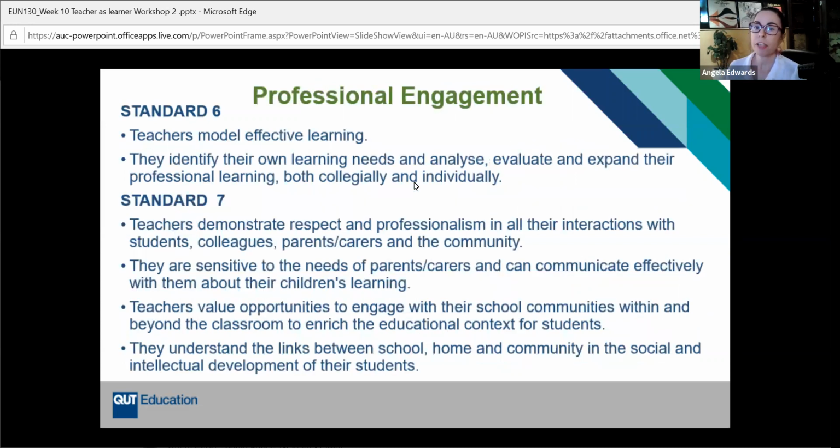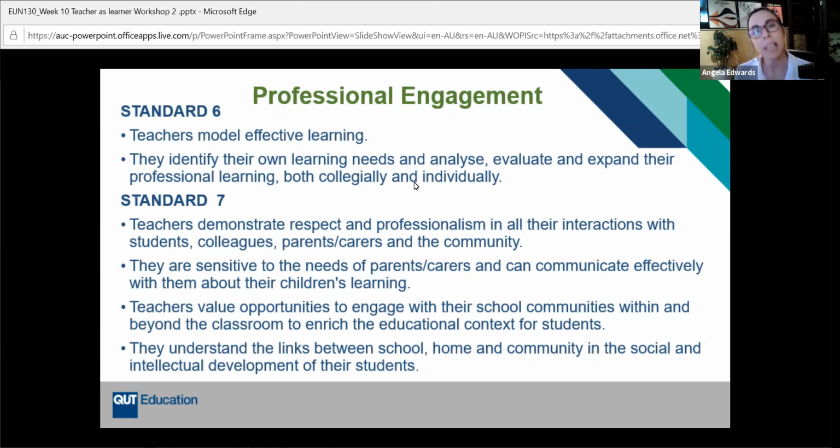So professional engagement, your final teaching domain, all of these points should be central to your statement. They support other standards in some way. So again, in your journals, I want you to pick out some points that are really significant, that relate to you, that you most strongly relate to, and turn it into a belief or a commitment.